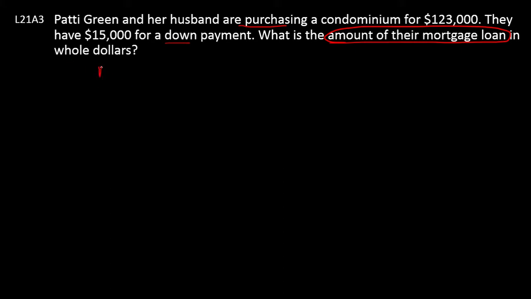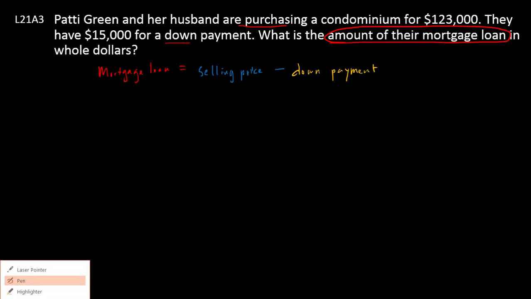So to calculate the mortgage loan, we take the selling price and we subtract off the down payment. In this case, we already know the selling price and the down payment, so it's a pretty simple and straightforward calculation.